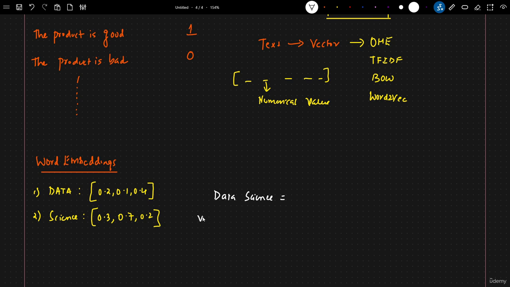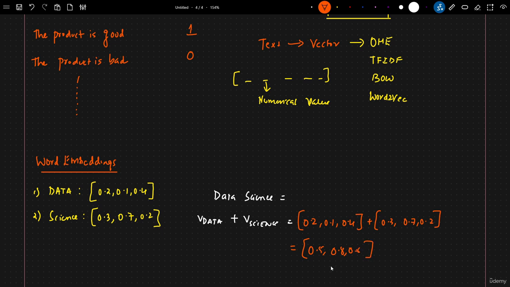In short, we take the vectors of data and science and add them up. So 0.2, 0.1, 0.4 plus 0.3, 0.7, 0.2 gives 0.5, 0.8, 0.6.